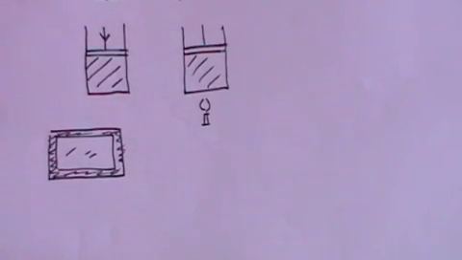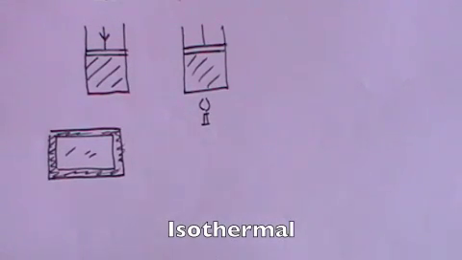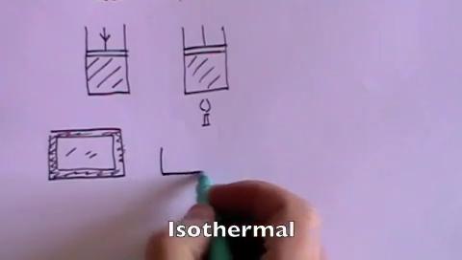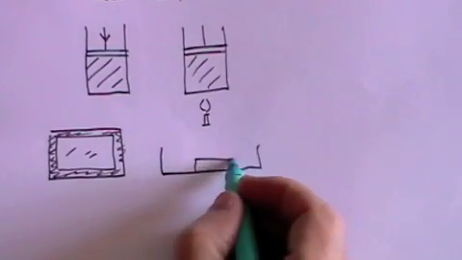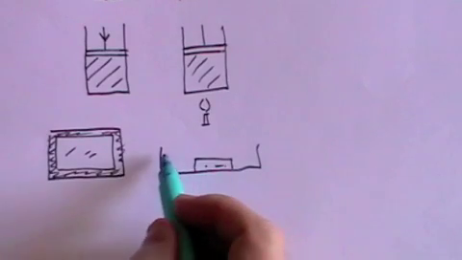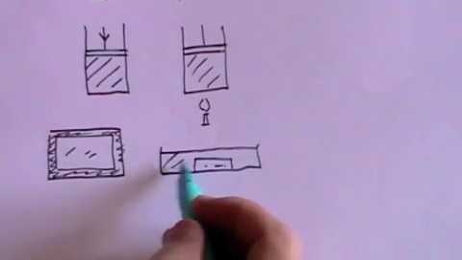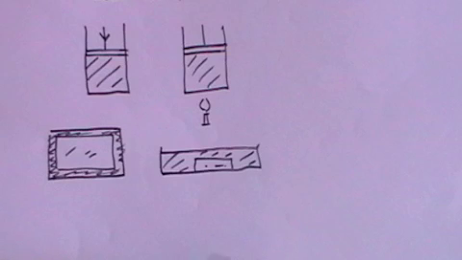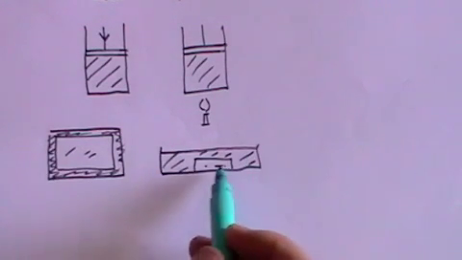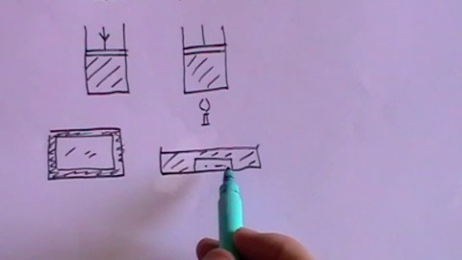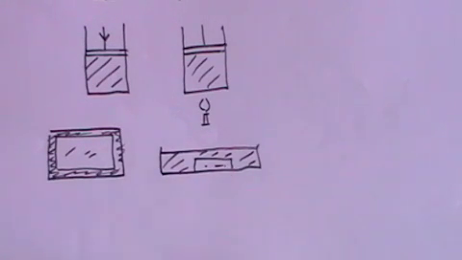The second type of change is what's called isothermal. The temperature remains constant, and the way this is done is that the system, here's the system, whatever it may be, is placed in what's called a heat bath. This is usually a fluid of constant temperature that you maintain at constant temperature, and it's got so much heat in that heat bath that it can ensure that the temperature of this system remains absolutely constant, and that's called isothermal.